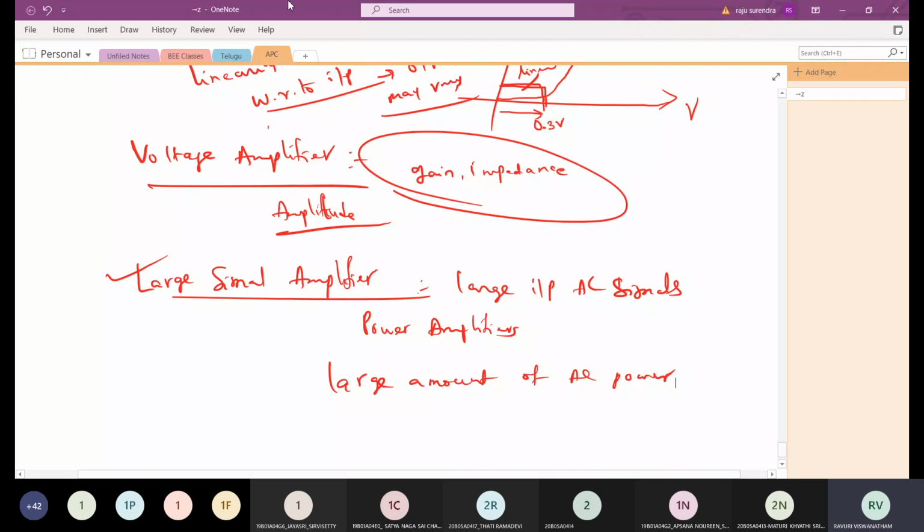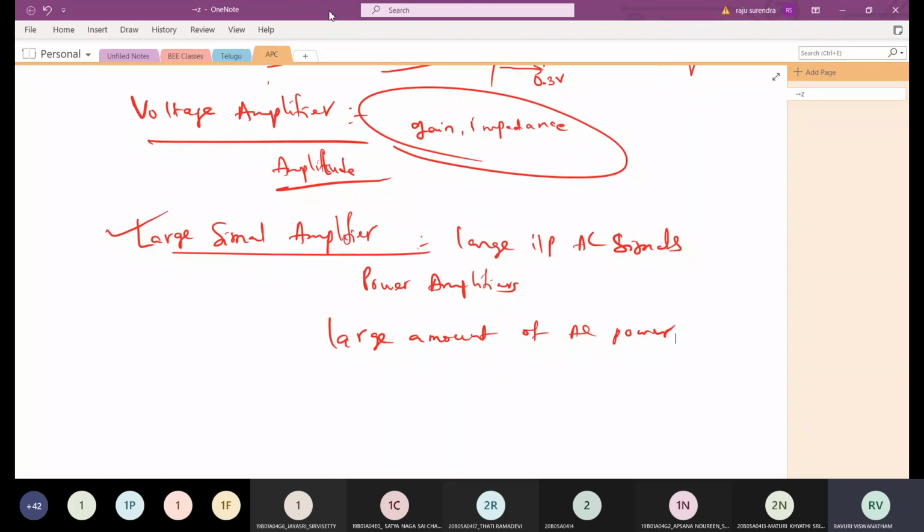And coming to the differences between voltage and power amplifiers.